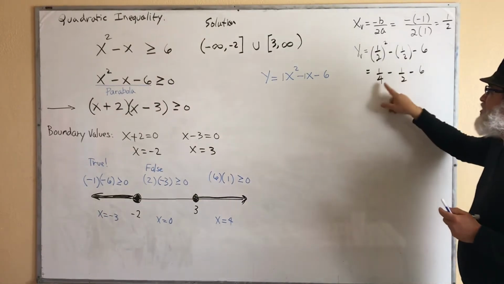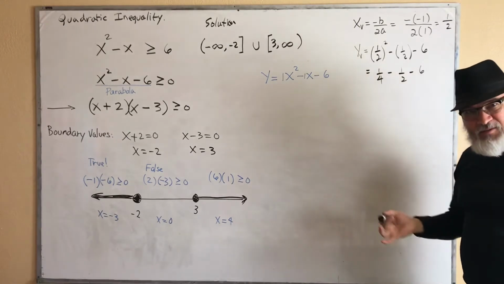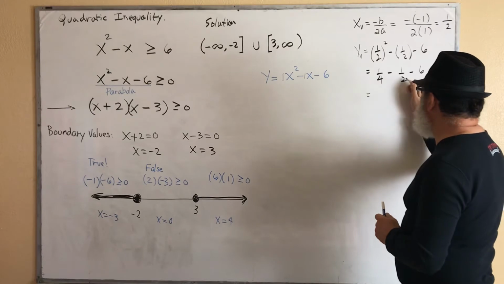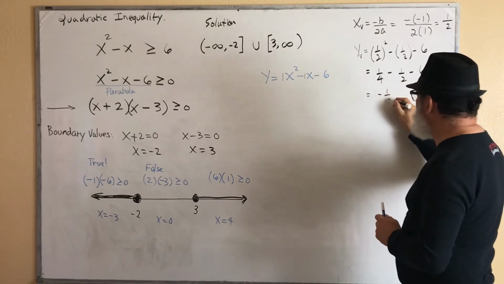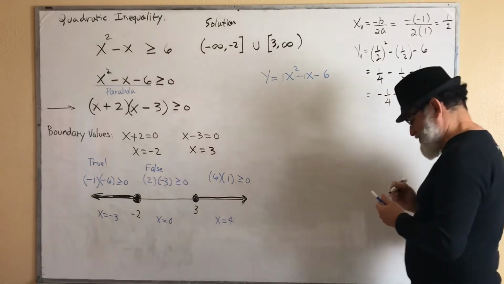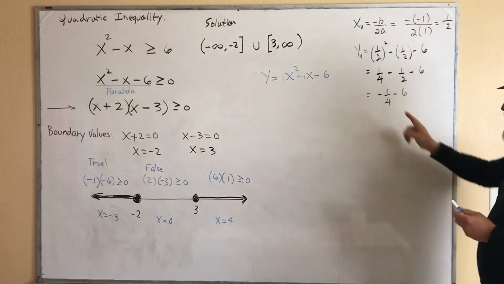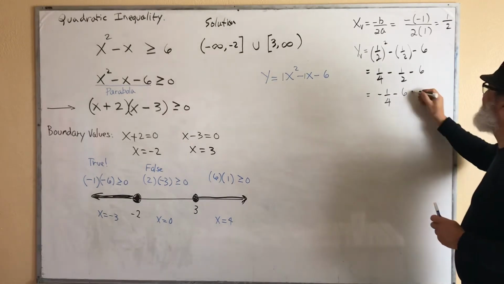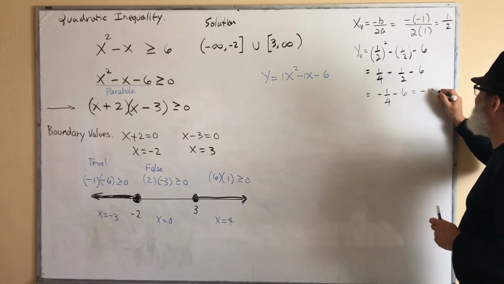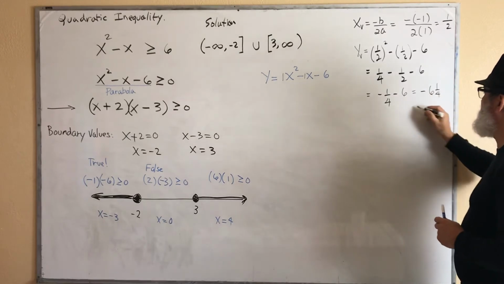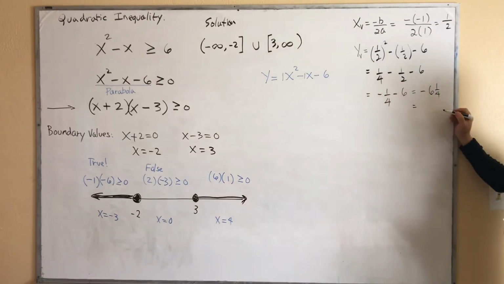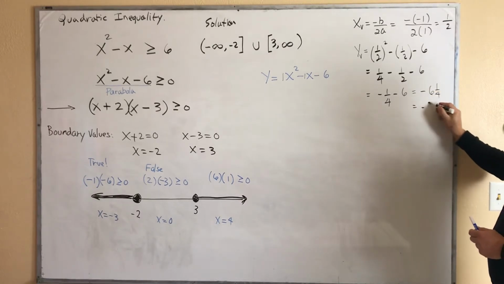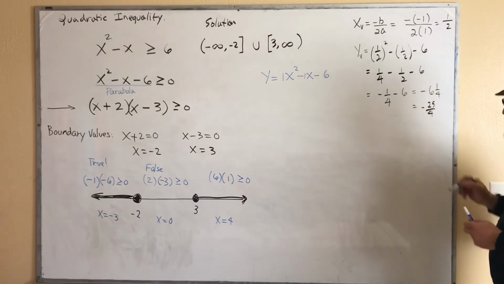What is 1/4 minus half? Isn't that negative 1/4? Minus 6. Negative 1/4 minus 6, isn't that negative 6 and 1/4, right? Multiply 4 times 6 is 24, plus 1 is 25, it's negative 25 over 4.